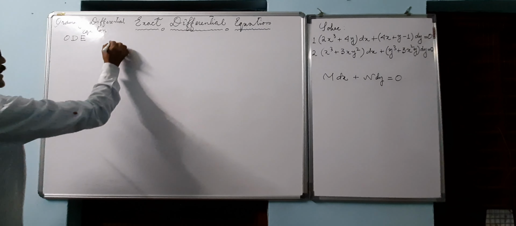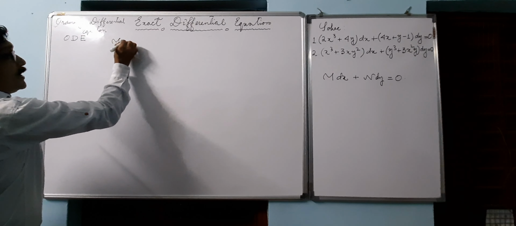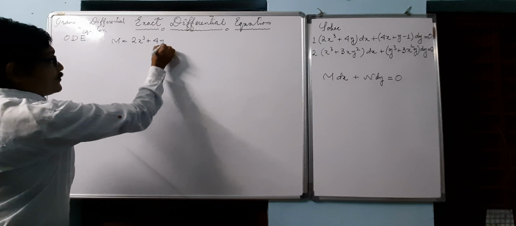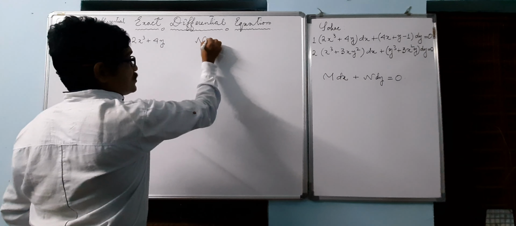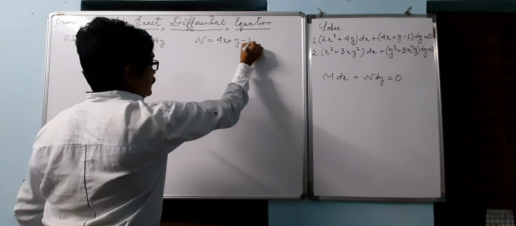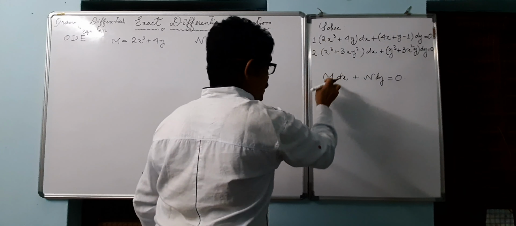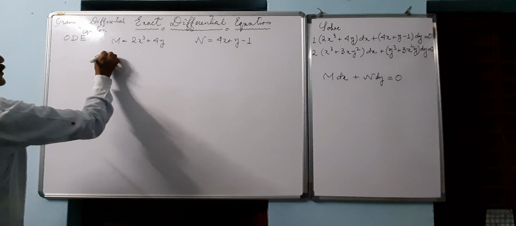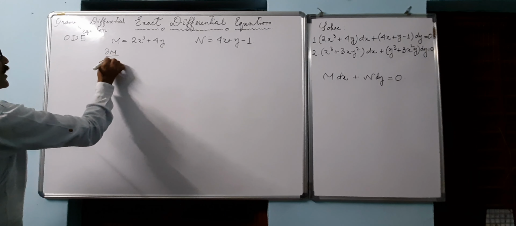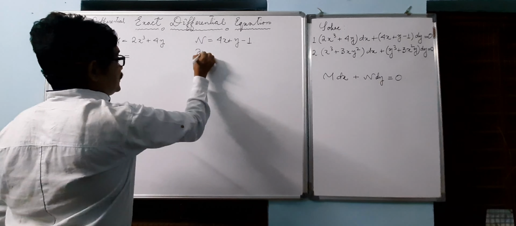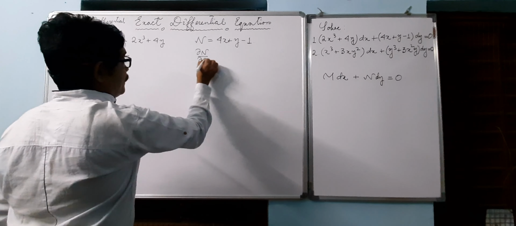We get M as 2x cubed plus 4y, and N as 4x plus y minus 1. Then we find del M del y, and del N del x.